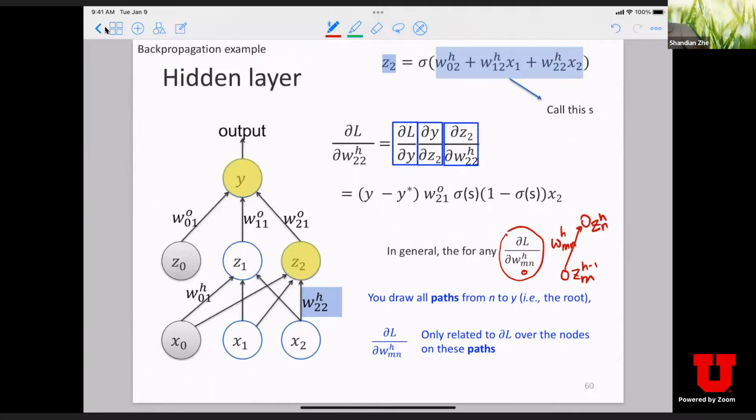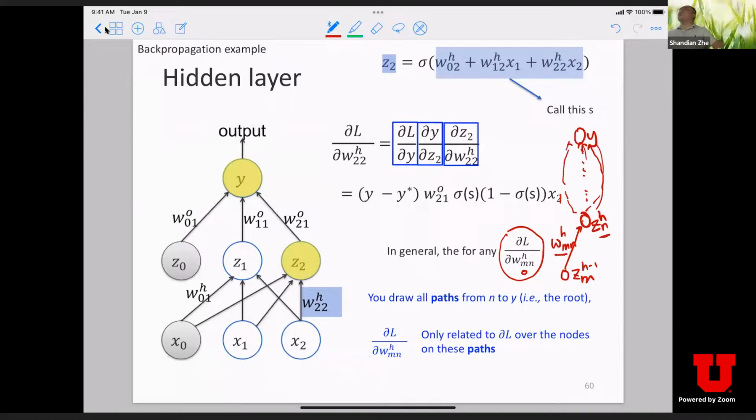So suppose this is Y. If you want to compute the loss function with respect to this particular edge weight, you have to look at the target node ZNH, and draw all the paths to the root node, or to the output neuron Y. Then you multiply the partial derivatives along each path, then add them together, then multiply partial ZNH over partial W_MNH.